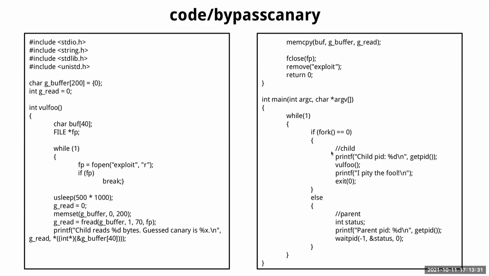Then the child process will call valfoo. If valfoo returns, it prints out the PID and foo, then exits. On the parent side, the parent will print out its own PID as well. After that, it will just wait for its child.